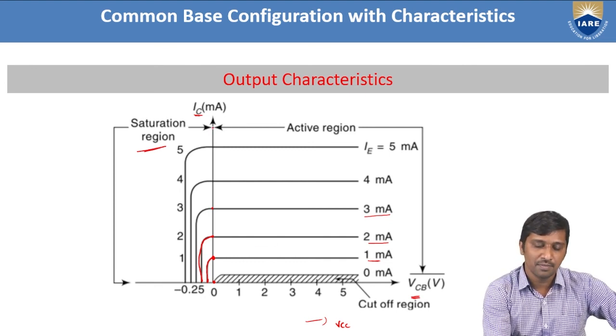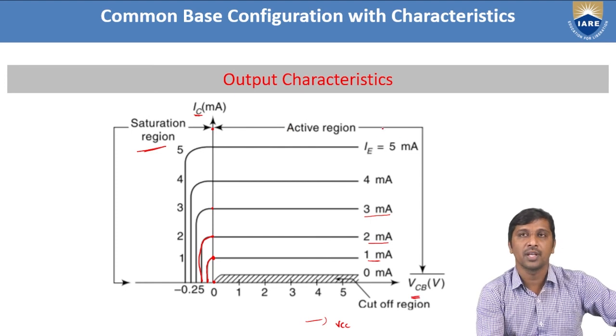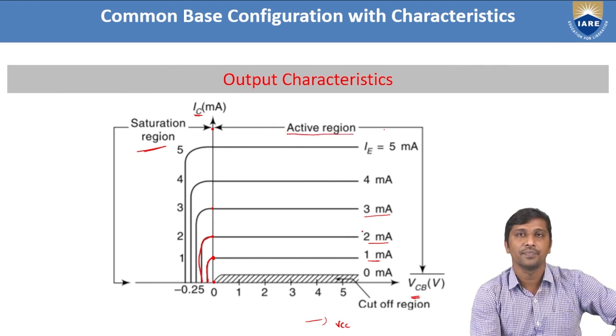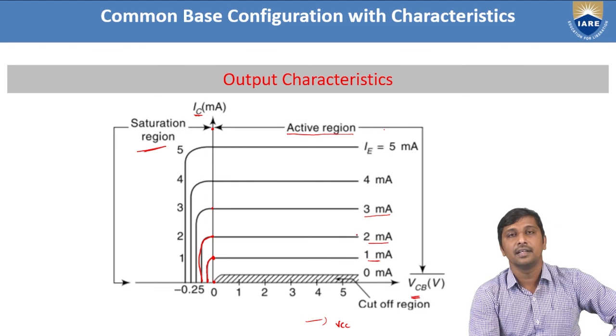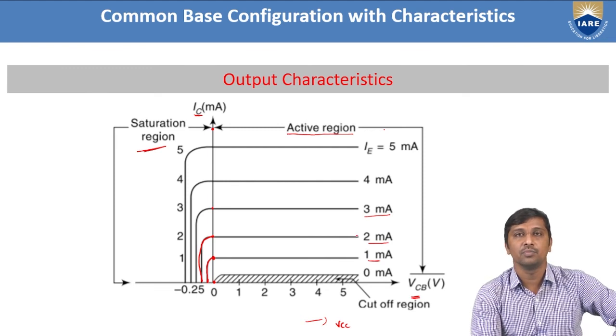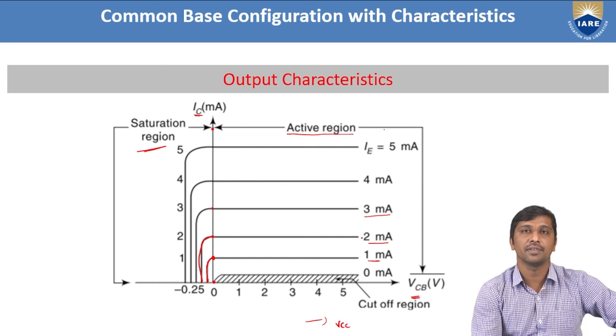Similarly, from this point to this point, the emitter base junction is already forward biased and the collector base is reverse biased. Hence, that region is called the active region. And the cutoff region means both the junctions are reverse biased, so we can say that the transistor is operated in the cutoff region.